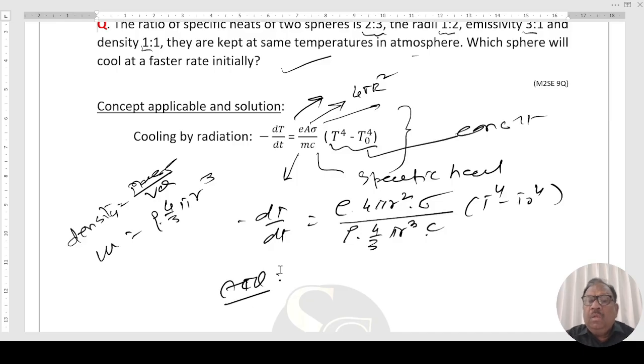According to the question, consume the quantities which are constant into the constant of proportionality. So dQ by dt is the rate of cooling.